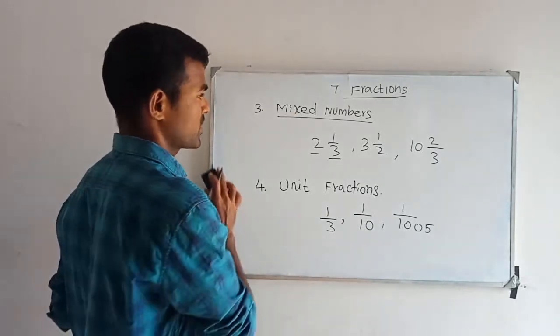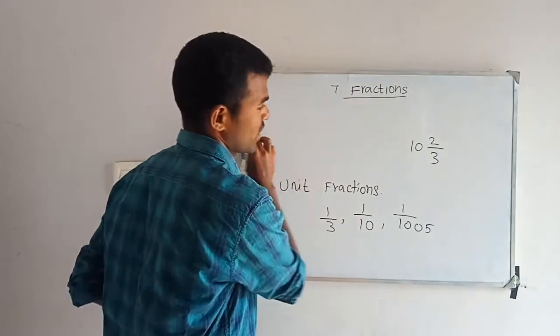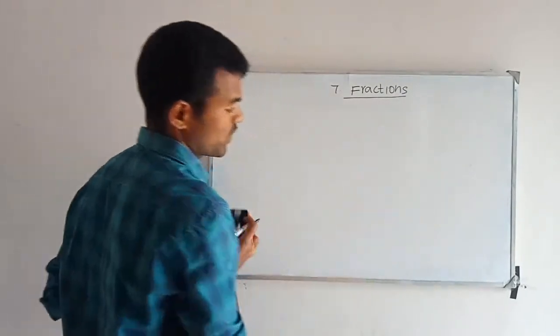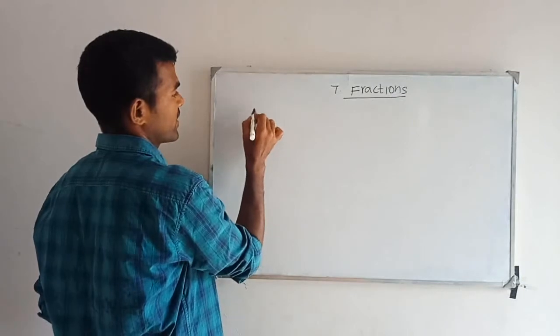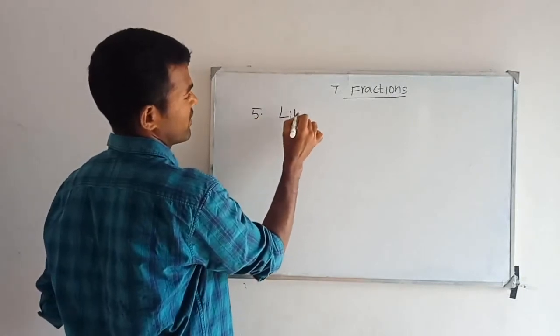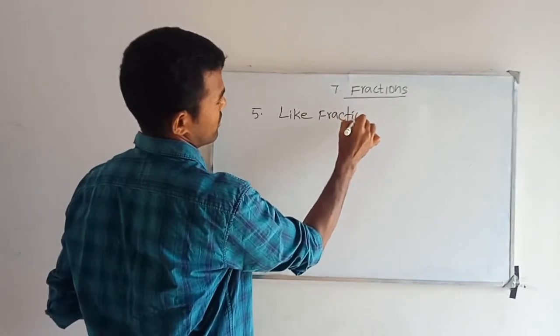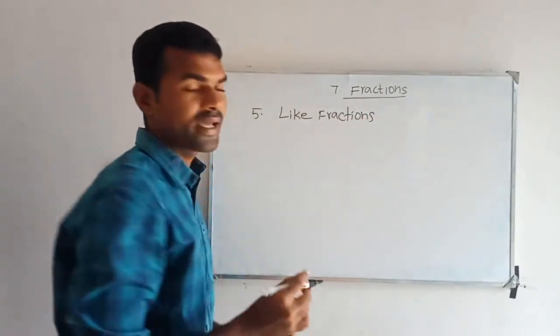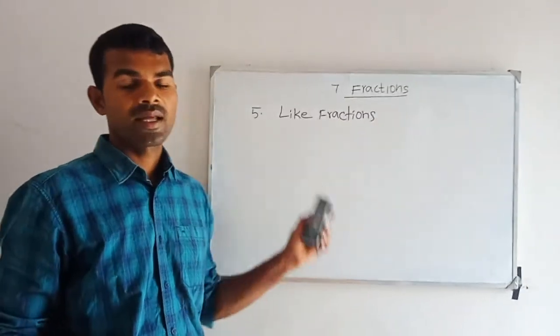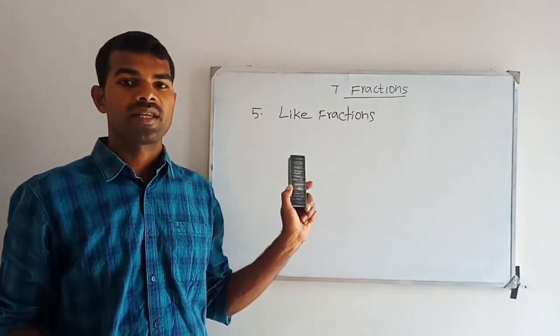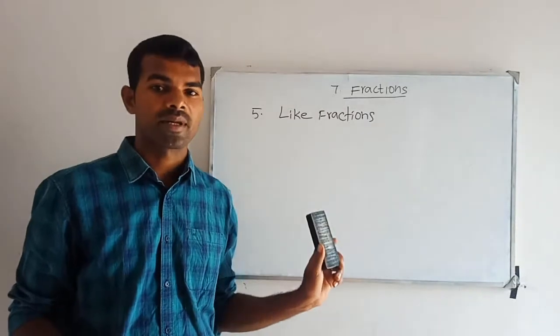And next, the fifth definition is like fractions. The definition of like fractions is that all the denominators will have the same number.